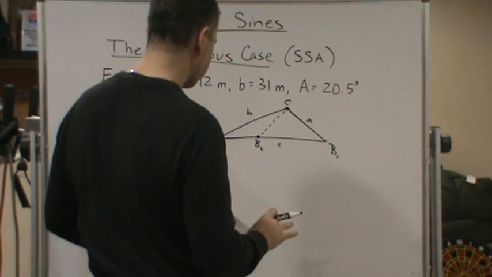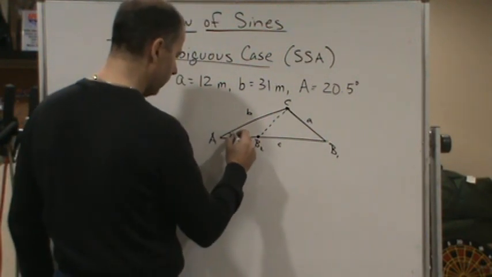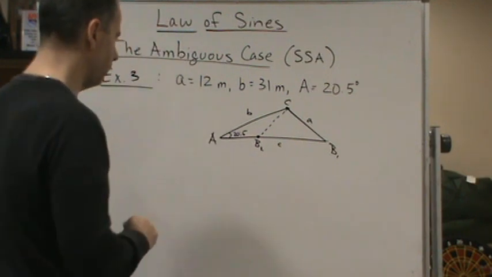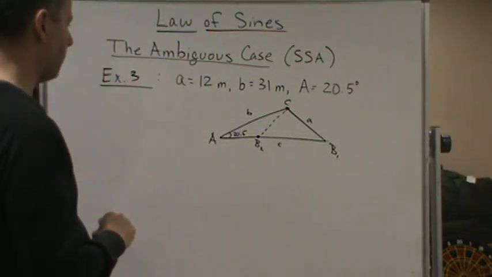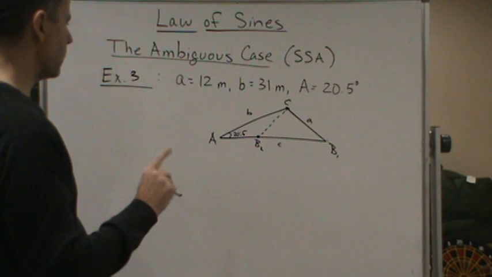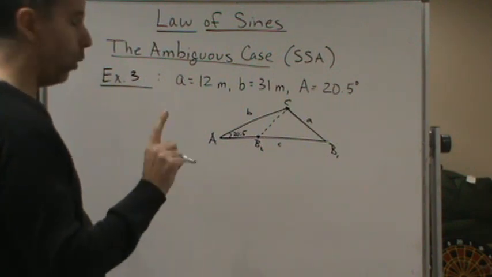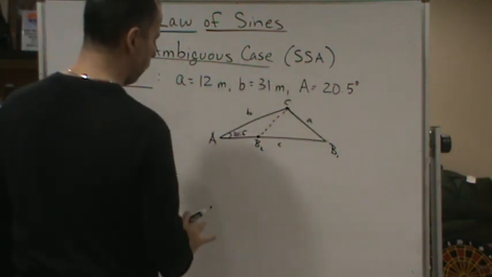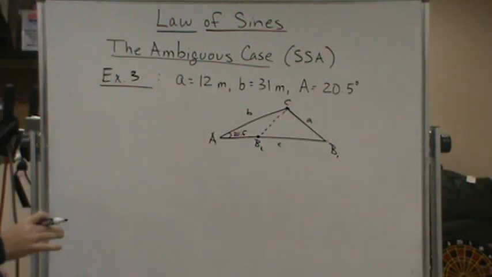Now, A is 20.5, right? So let's find one of the two angles for B, right? Let's solve for one of the two triangles, okay?